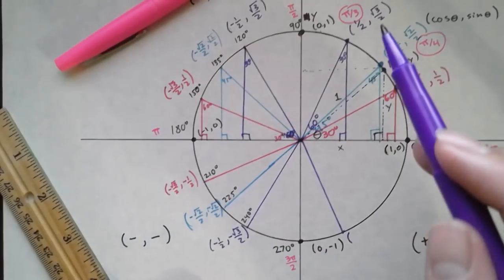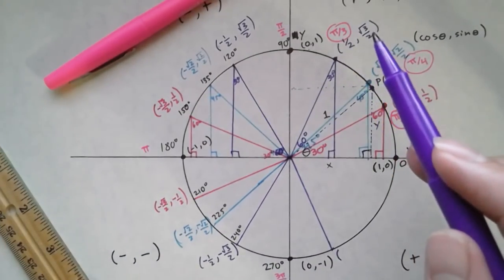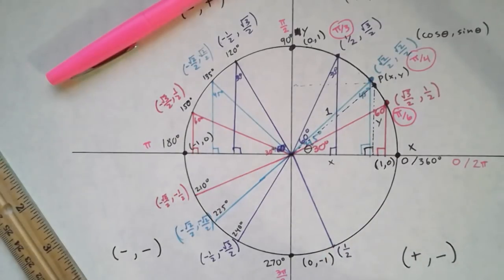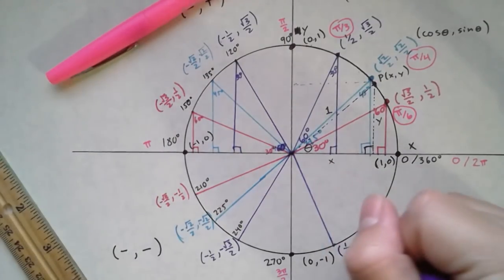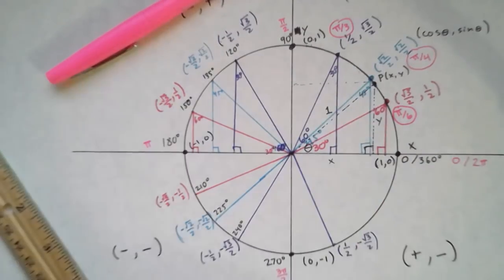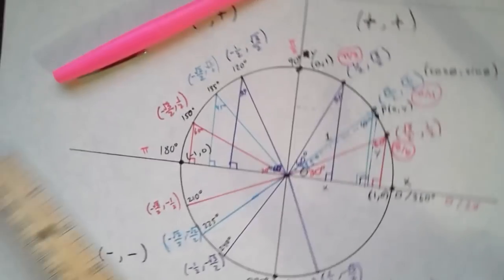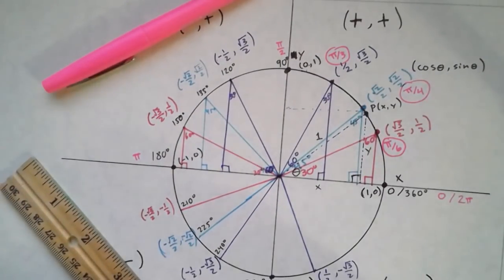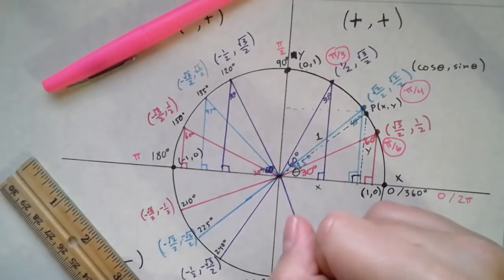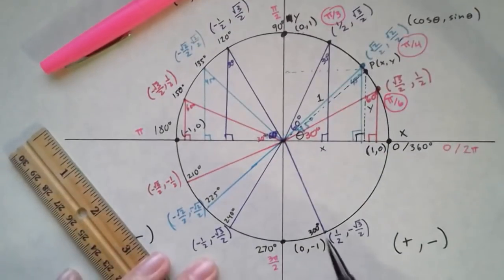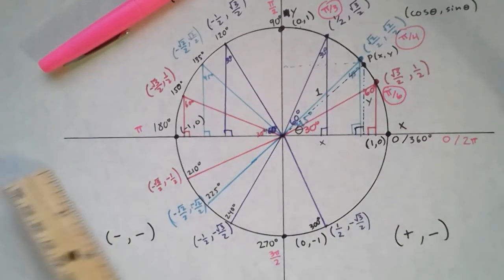So again, I started with 1/2, comma, radical 3 over 2. Now my x is positive again, so I have positive 1/2 again, but this one is going to be negative radical 3 over 2. Then, I forgot to label the angle, so this one is 240 plus 60. This one here is 300 degrees.